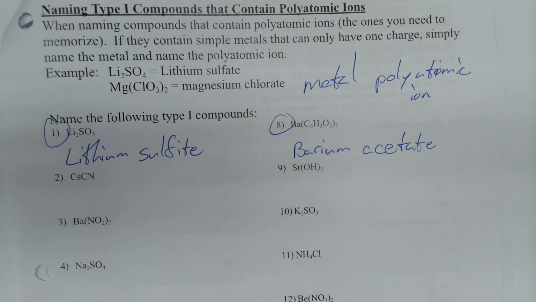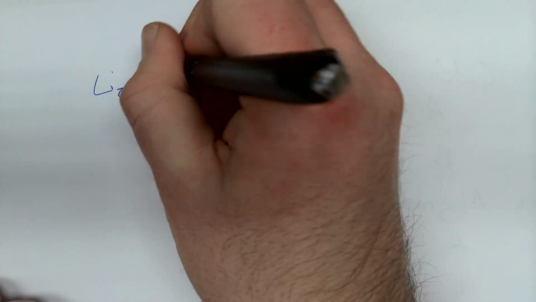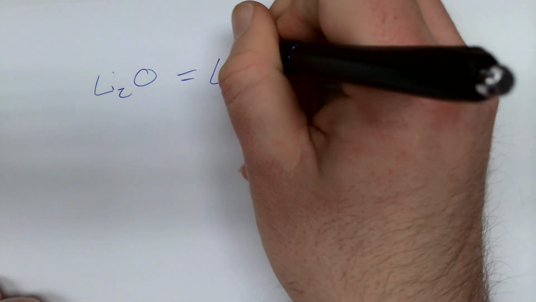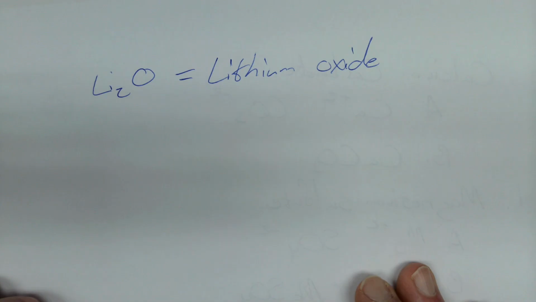Much like before, when we were looking at naming our binary ionic compounds, if I had Li2O, it was written as lithium oxide.